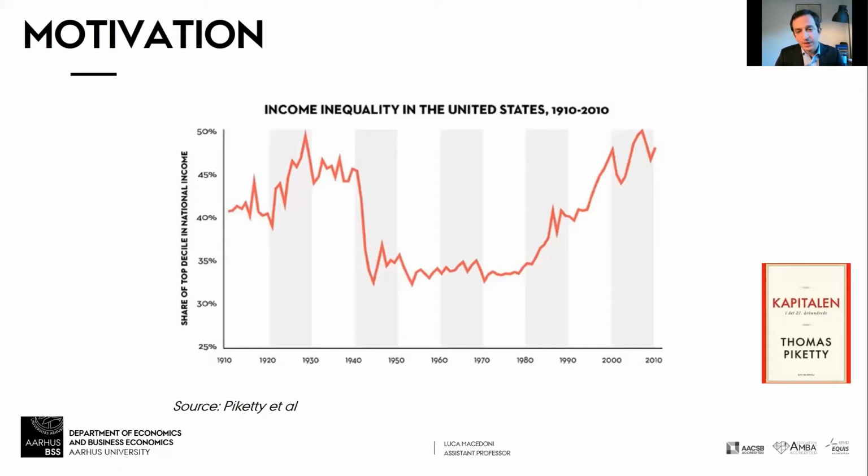This figure is very interesting, and it comes from the research of Thomas Piketty, a French economist that I think in 2013 published a book, Capital in the 21st Century, which was very, very successful when it came out. I remember I was in my PhD and everybody was talking about this book, figuring out whether the theory was correct or not.